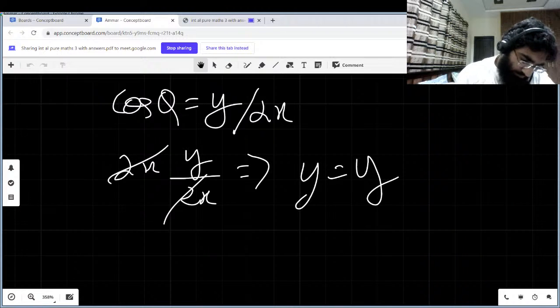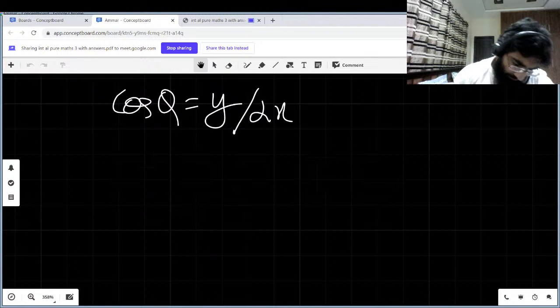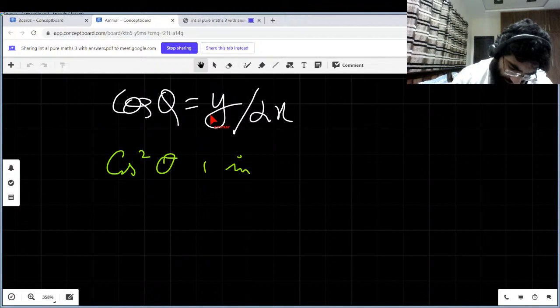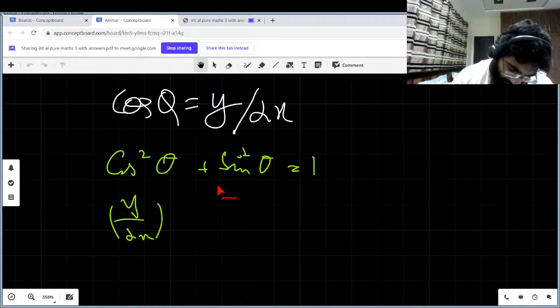Okay, so you've got cos theta, you've got sine theta. Now you say cos squared theta plus sine squared theta is equal to 1. So (y by 2x) whole squared plus x whole squared is equal to 1.